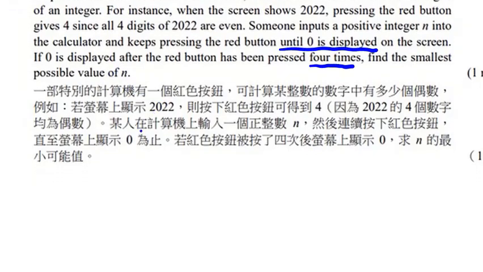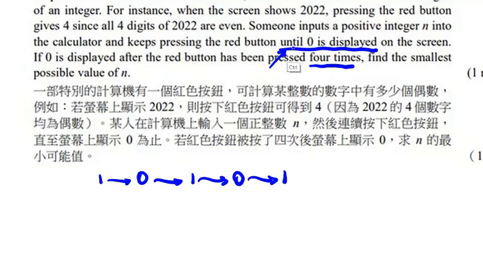value of n. Okay, so look here. If I want to say 1 doesn't work, 1 will be 0, because it has 0 even digits. 0 has 1 even digit, it is 1. 1, 2, 3, 4. But the problem says it keeps pressing until 0 is displayed. So if we consider this until, here this will be finished, but it says 4 times.